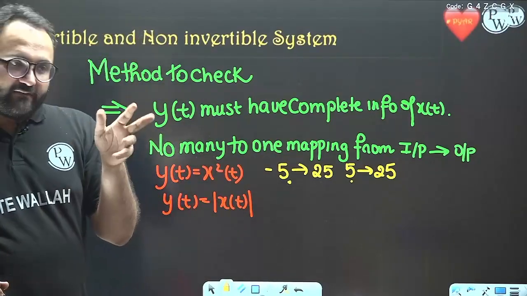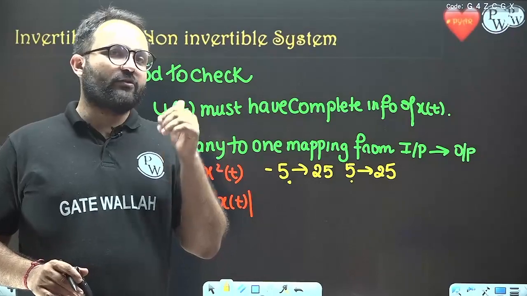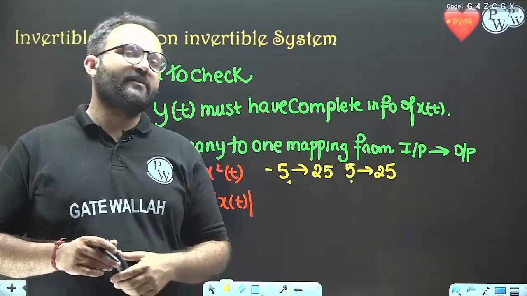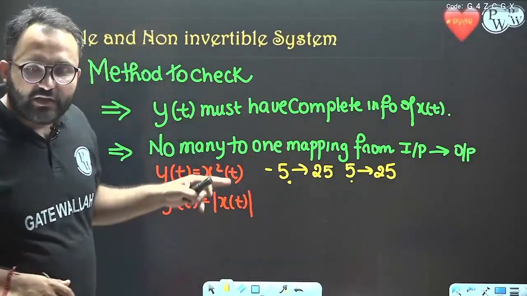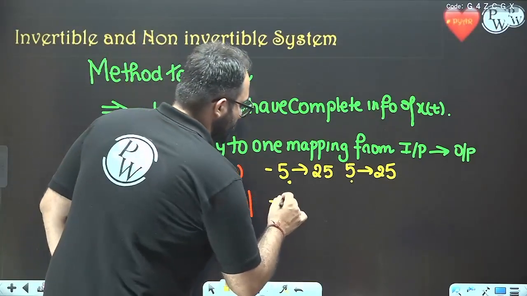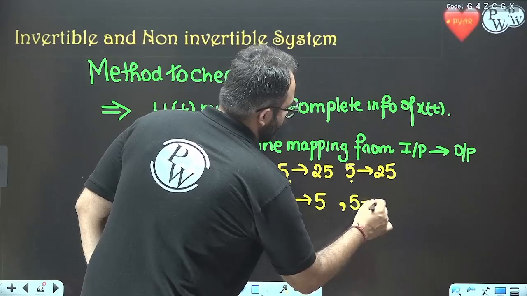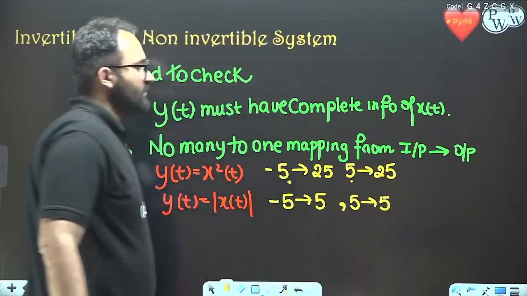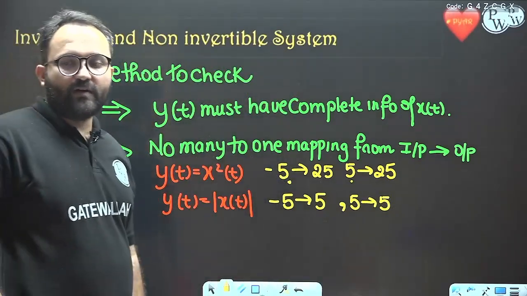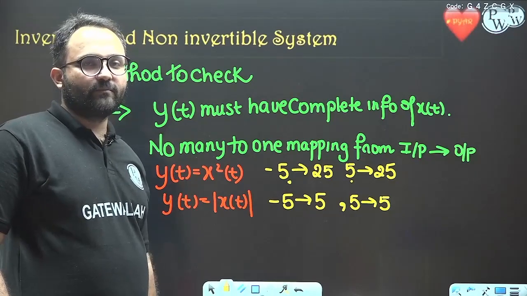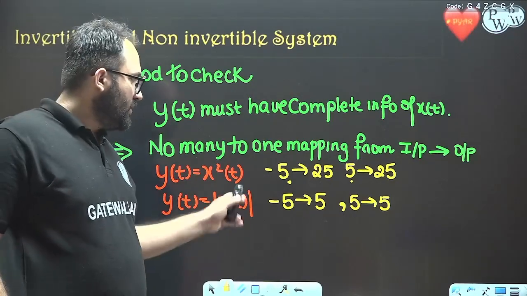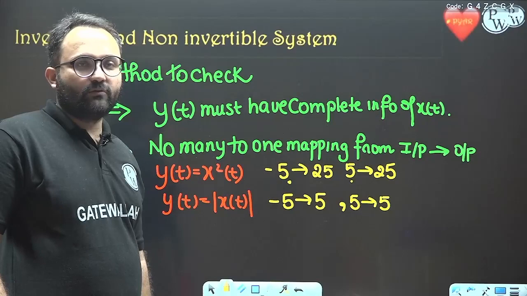So if we have the output value 25, we cannot figure out whether the input was 5 or -5. Same is the case with the modulus: if the input is -5, the output is 5, and if the input is 5, the output is 5. So we cannot get back the input. These systems are not invertible.